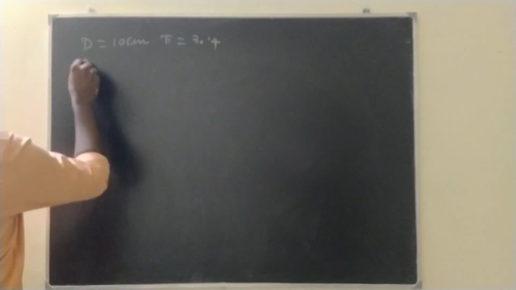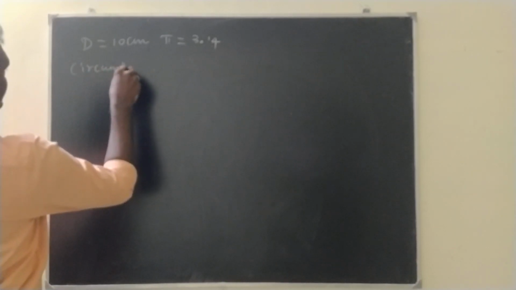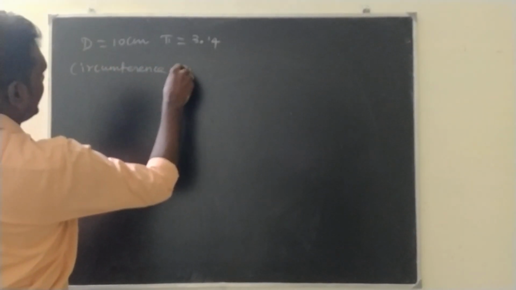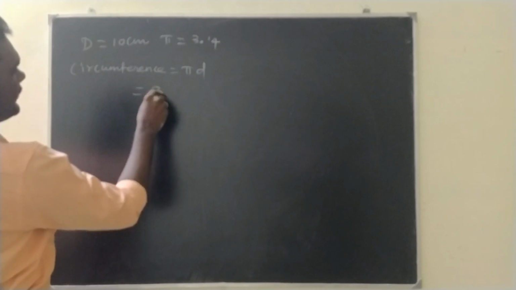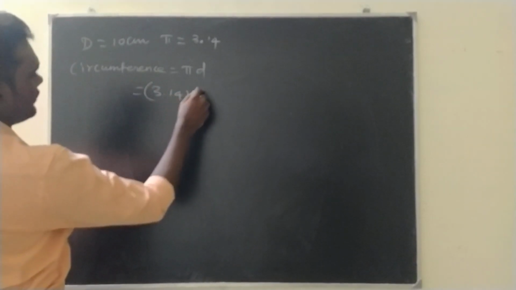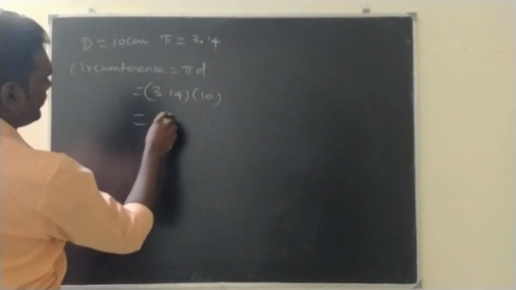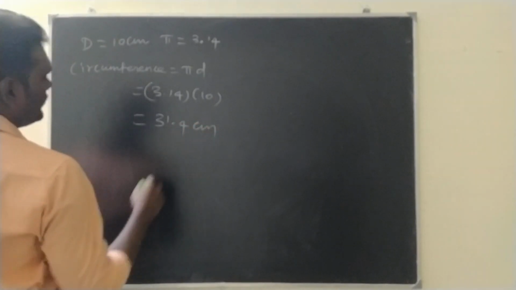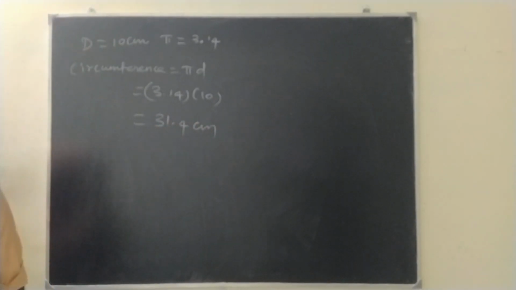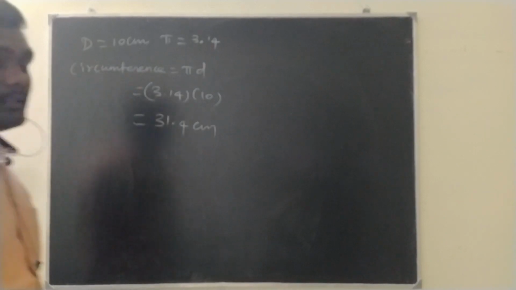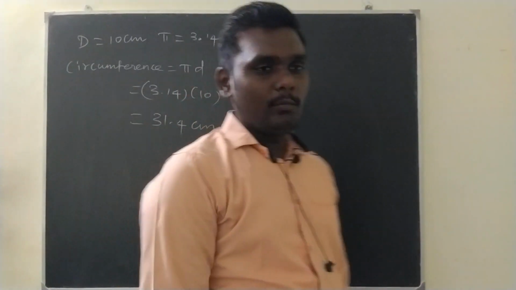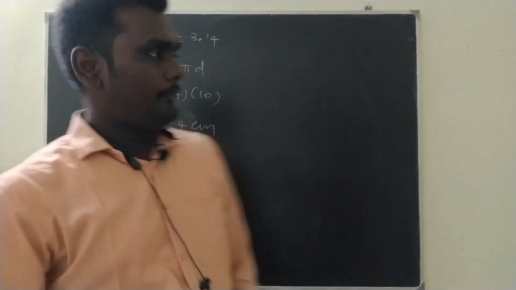Then the circumference is pi into d. Pi is 3.14, d is 10. So we have 31.4 centimeter as the circumference.